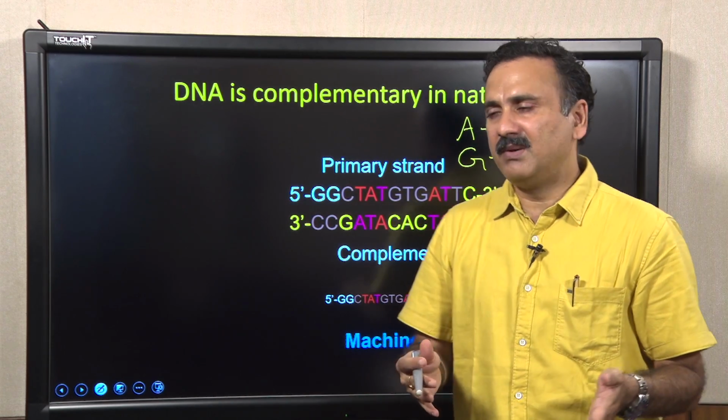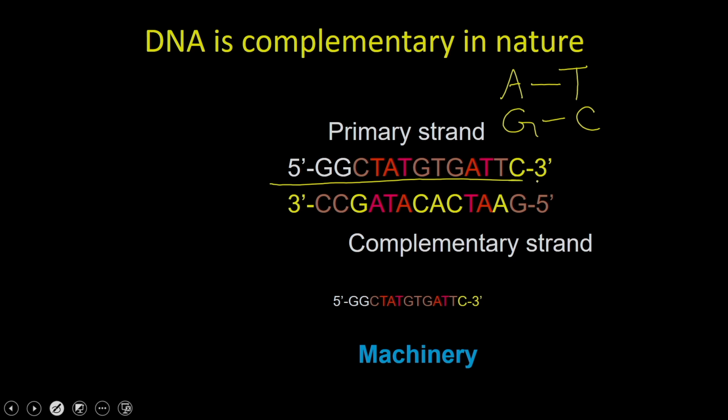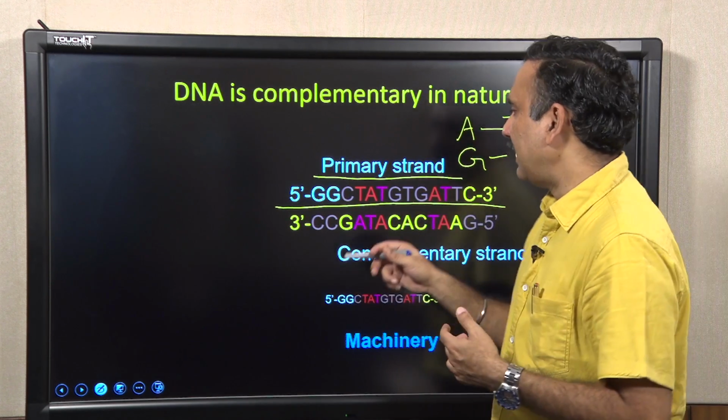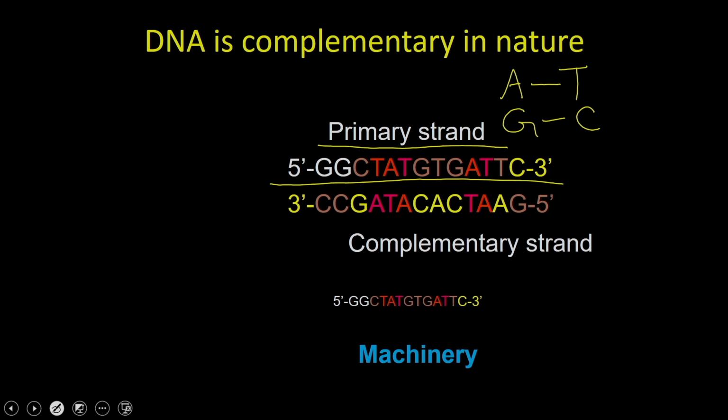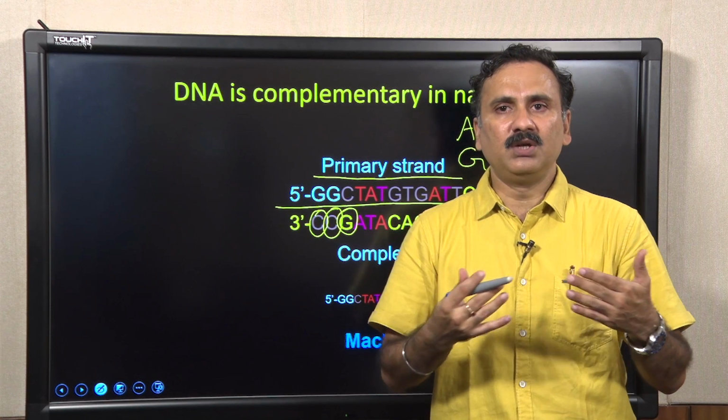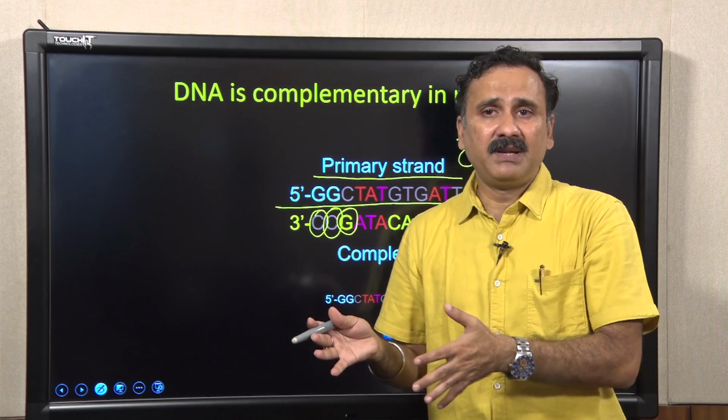What is meant by complementary is that if you have a first sequence, called the primary strand, then you can deduce the complementary sequence. For example, in this case we have a primary sequence GGC, TAT, GTG, and wherever you have a G, there is a C in the complementary strand. That is the way it maintains the complementarity.